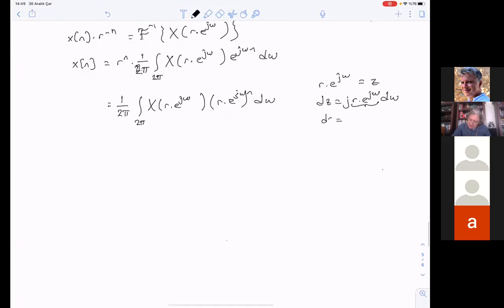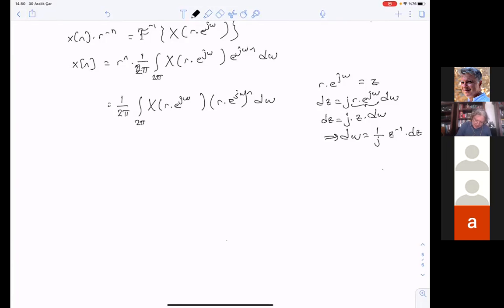Therefore, dz is j times z times d omega, which means d omega is equal to 1 over j times z inverse, or 1 over jz, times dz, of course.